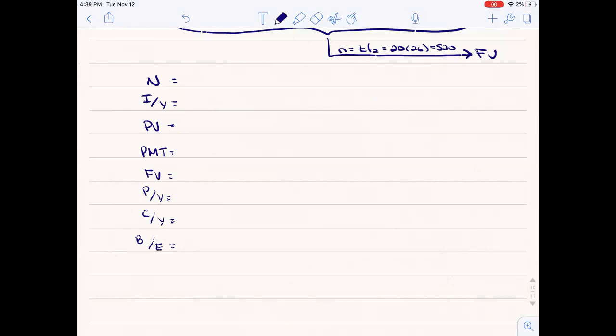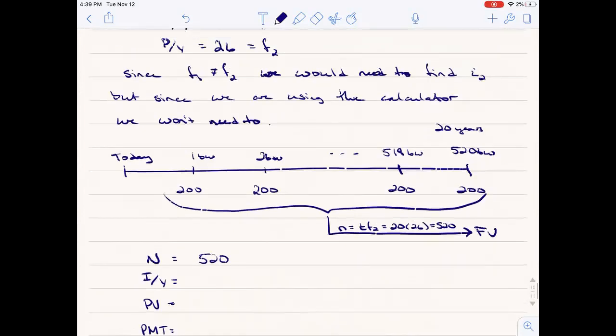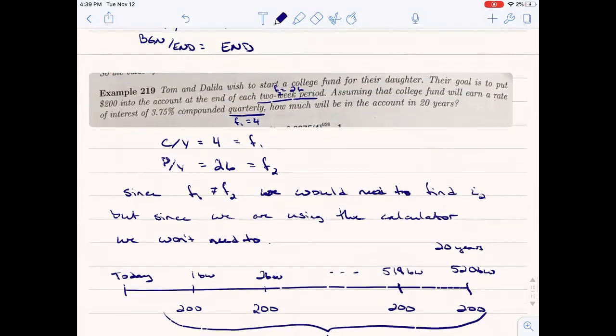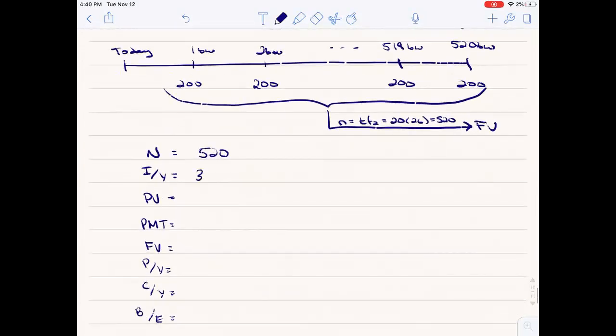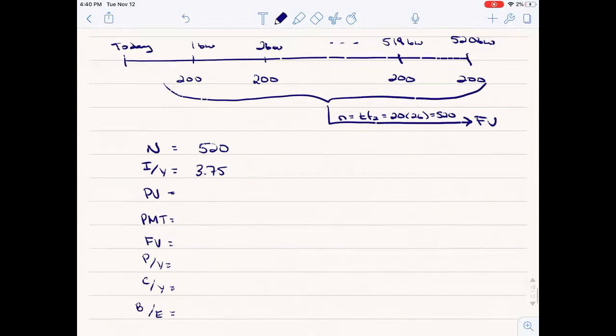We already found N is 520. The interest per year is 3.75%, so in our calculator we're just going to use 3.75, the pure percentage without the percent sign.